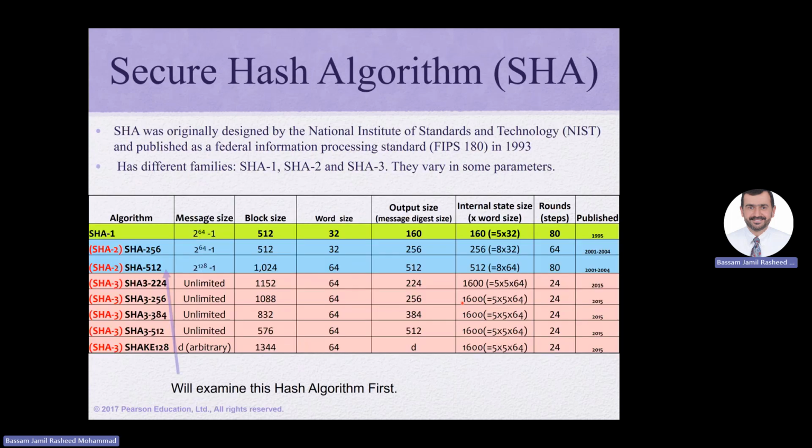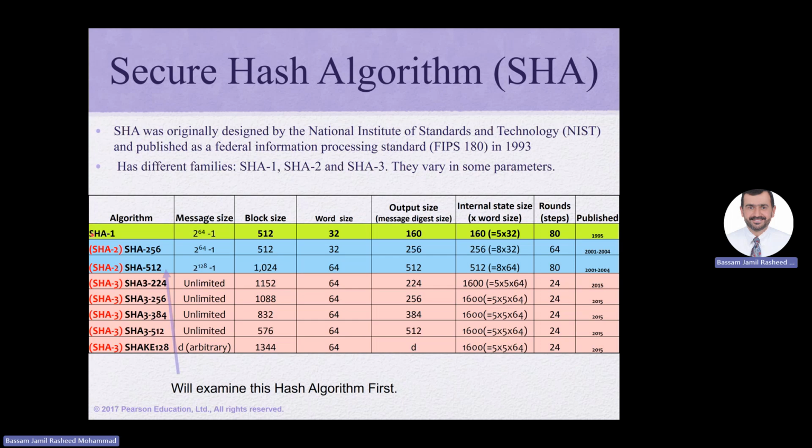Then came the era of secure hash algorithms, and for short we call them SHA algorithms. Those SHA algorithms have gone through multiple stages. The very early SHA, SHA-0, was released and withdrawn very quickly because of a major flaw in the algorithm, so people sometimes don't even mention it.